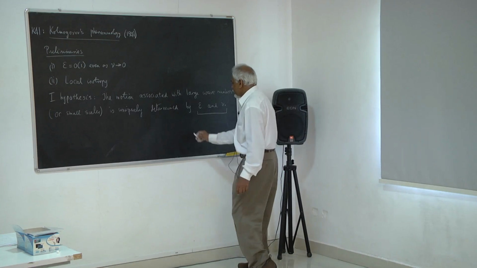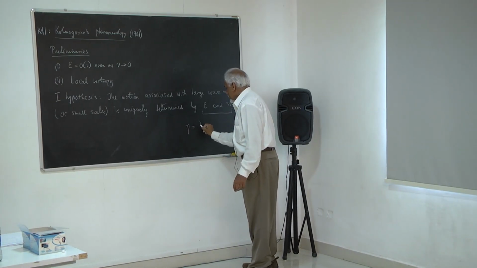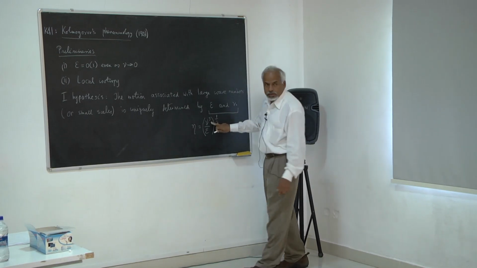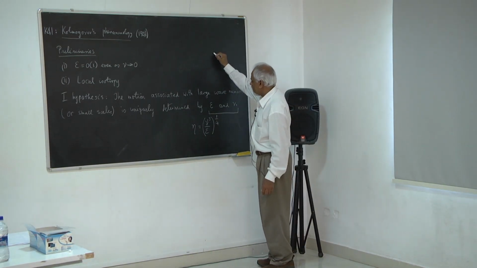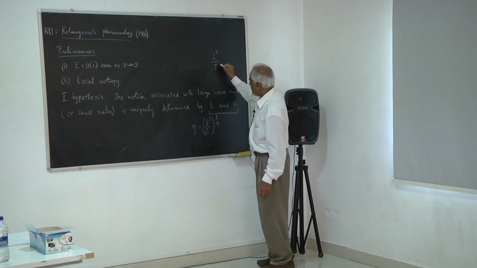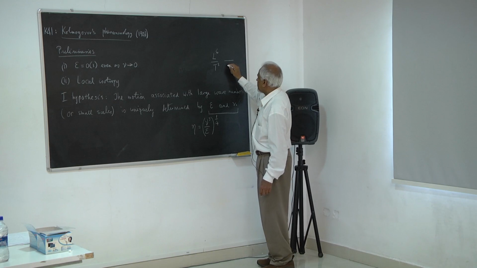So I construct a length scale called eta, which is nu cube over epsilon to the power quarter. This has a dimension of a length scale. As you can see, nu has a dimension L squared by T, and nu cube is L^6 by T cube.